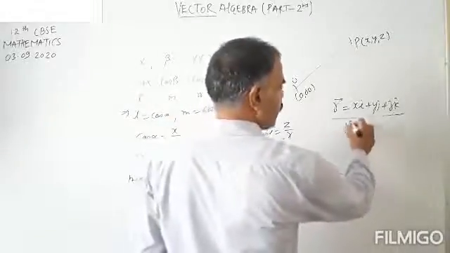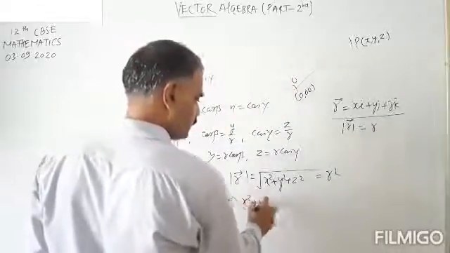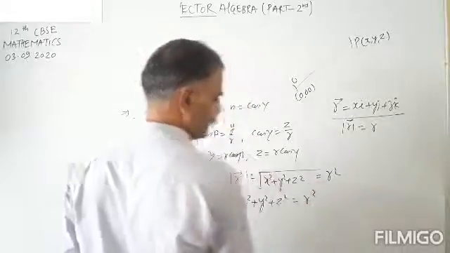So x square plus y square plus z square equals r square.